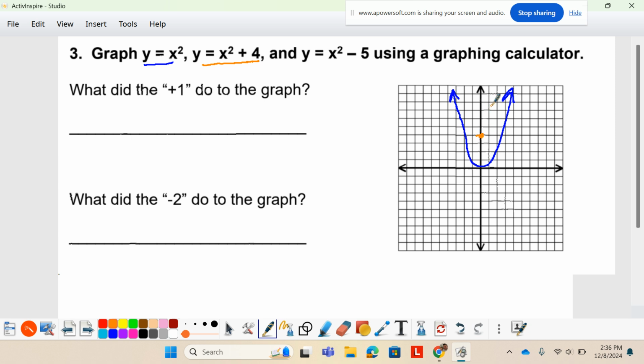Put a dot right there. And now it's not stretched at all. It's just moved up. It's supposed to say, what does the plus 4 do to the graph? The plus 4 moves it up 4.